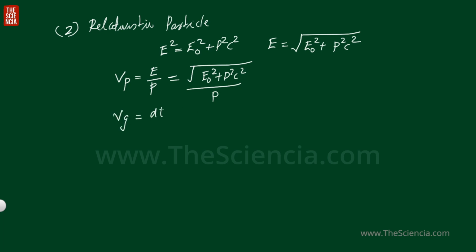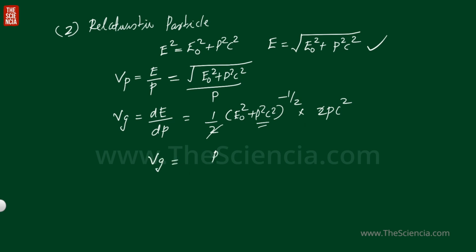Which is dE by dP. So we have to take the derivative of energy with respect to P. So what do we get? We get 1 by 2 into E0 square plus P square C square all raised to minus 1 by 2 into the derivative of this term, that is 2P C square. So we can cancel this 2 and the remaining we get P C square by root of E0 square plus P square C square.